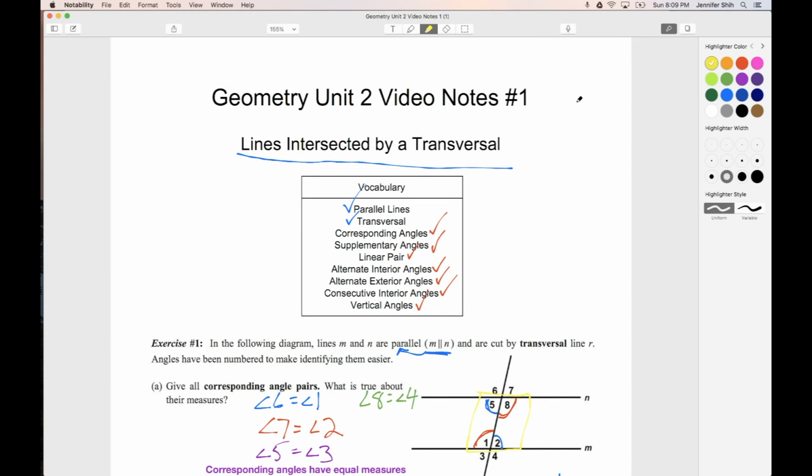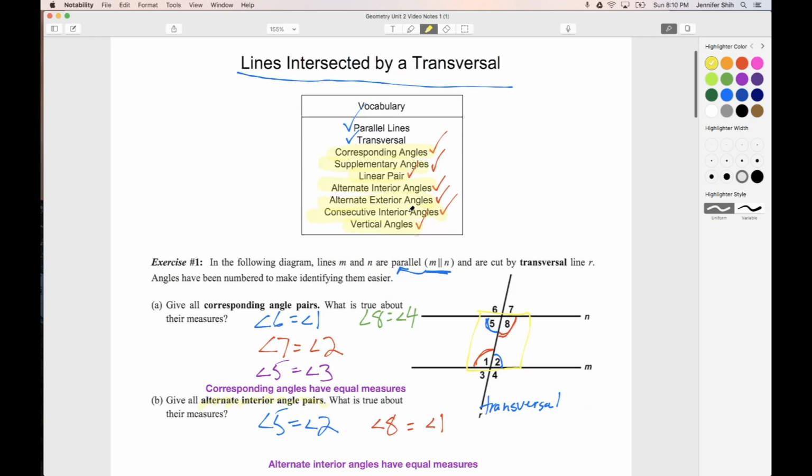Okay, at the top of your notes, you had these words written down: corresponding angles, supplementary angles, linear pair, alternate interior angles, alternate exterior angles, consecutive interior angles, and vertical angles. These are all things that describe relationships between angles, and when we ask you for the relationship between angles, these are the words we're looking for. They tell us information that we don't already know, which is helpful. That's why it's helpful in problem solving.